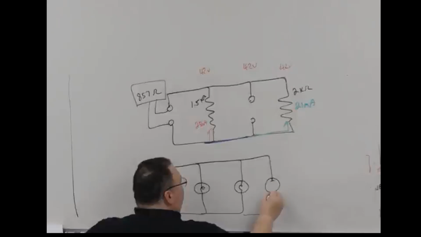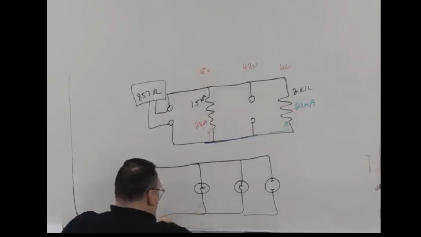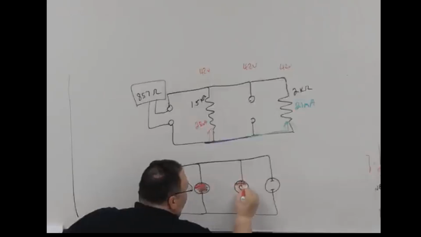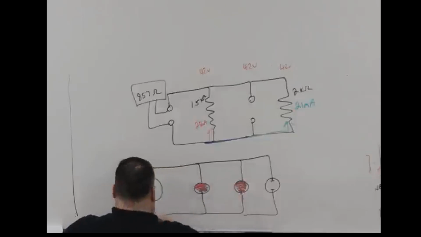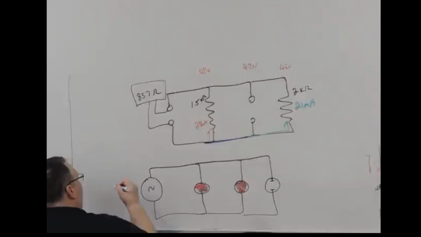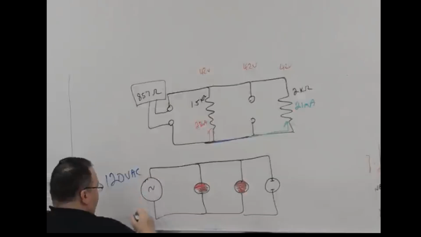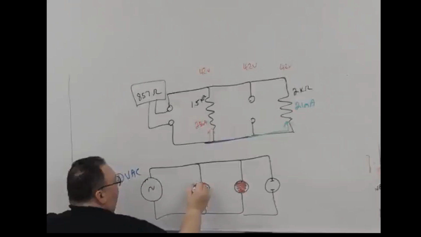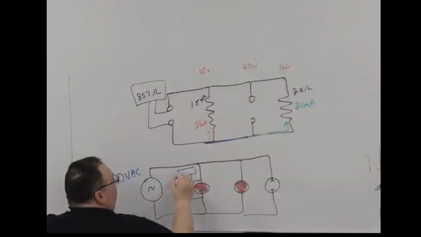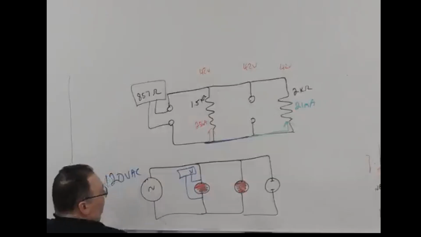It's an incandescent light and the filament broke. Well, this light is glowing, and this light is glowing. So if I have 120 volts AC, and I put my voltmeter here, what voltage am I going to read?